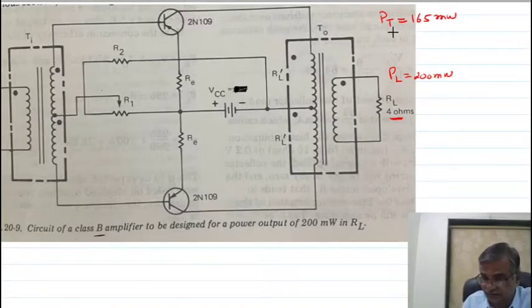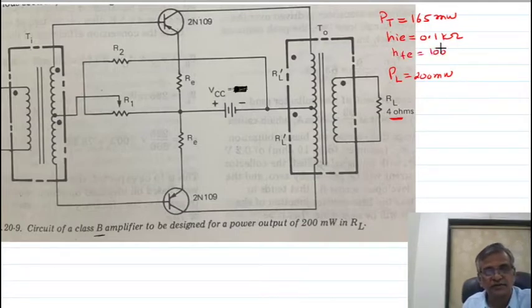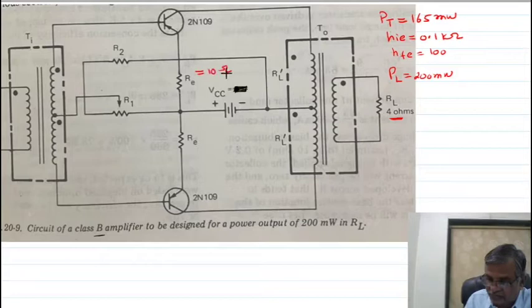Remember, the HIE they have given for this transistor is 0.1 kilo ohm, HFE is 100, and the value of RE is 10 ohm.